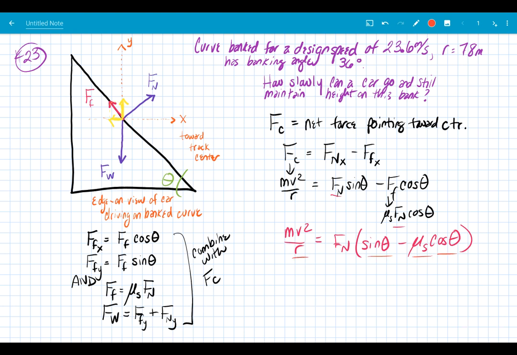So I don't know what the mass is, and I'm trying to find out what is my minimum speed, how slowly can the car go, and I don't know what Fn is, but never fear, because I also have something else I can draw on.